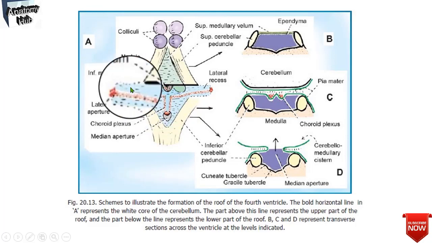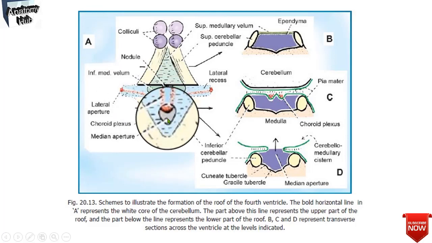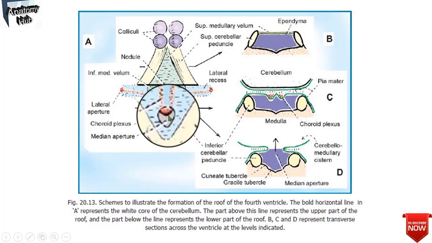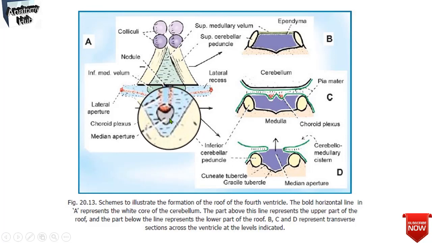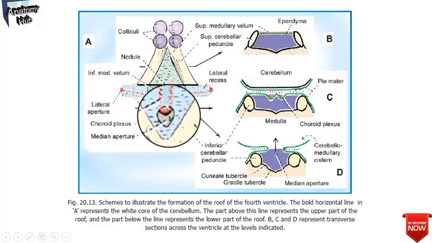This aperture is known as the median aperture of the fourth ventricle, through which the ventricle communicates with the subarachnoid space in the region of the cerebellomedullary cistern. In the region of the lateral recess, the membrane is prolonged laterally and helps to form the wall of the recess.